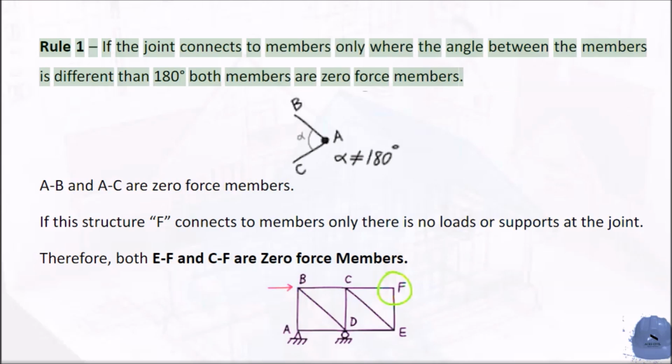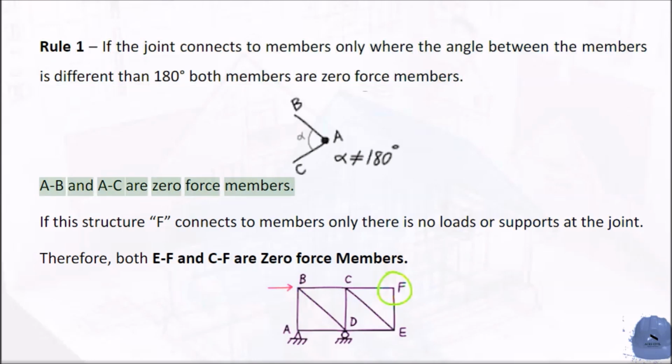Rule 1: if the joint connects two members only where the angle between the members is different than 180 degrees, both members are zero-force members. AB and AC are zero-force members. In this structure, joint A connects two members only, there are no loads or supports at the joint. Therefore, both AB and AC are zero-force members.